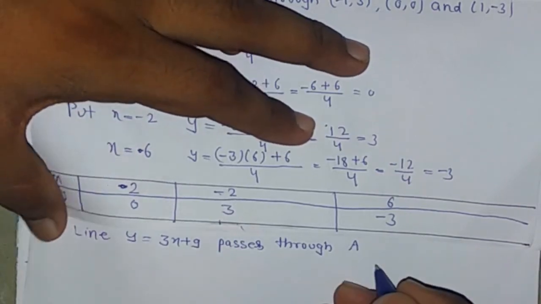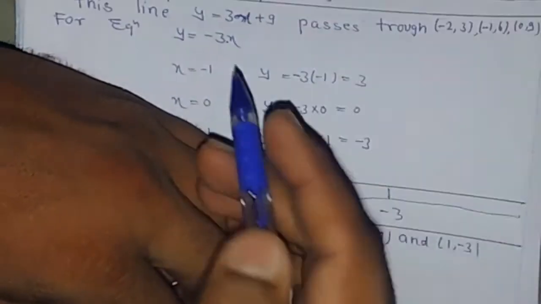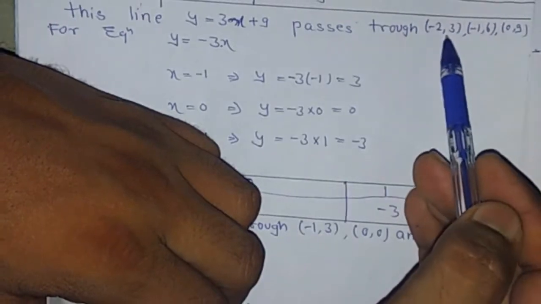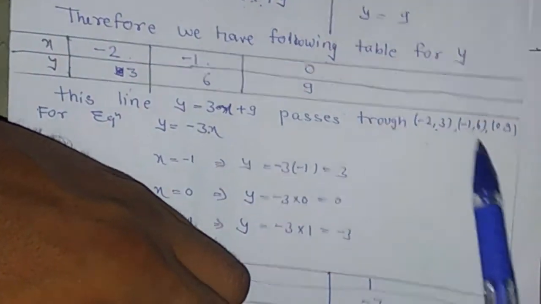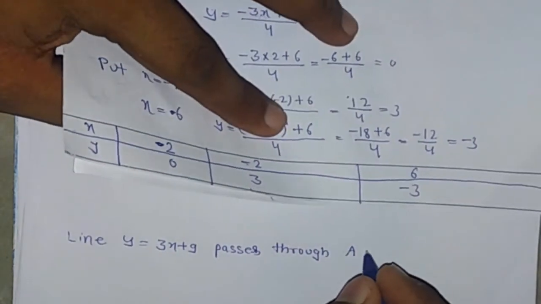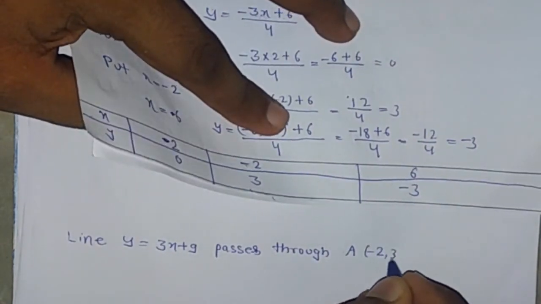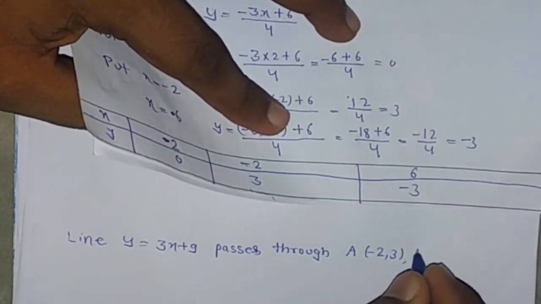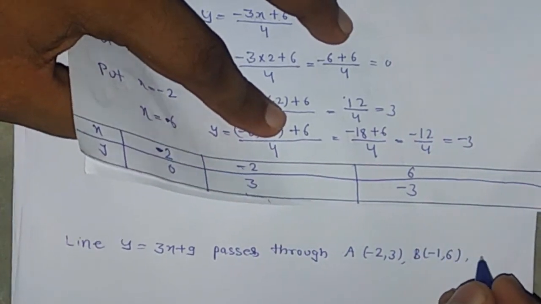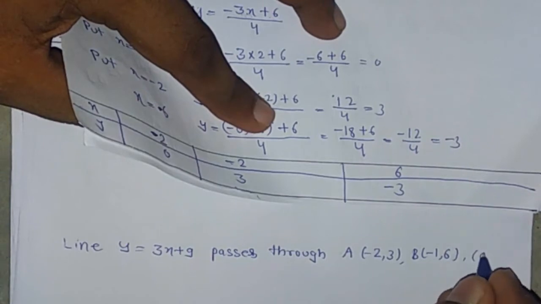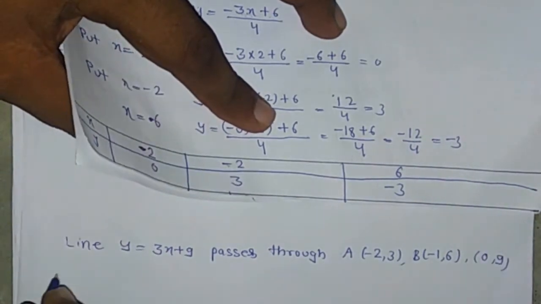Point A is minus 2 comma 3, B is minus 1 comma 6 and C is 0 comma 9.